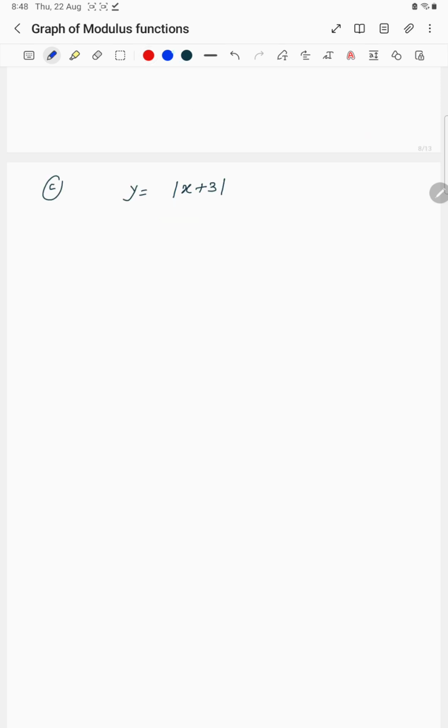Now take this question. You have to sketch the graph of this modulus function, mod of x plus 3. So the same, we draw the coordinate axis here and here. So first get y-intercept. Y-intercept where the line cuts the y-axis, x is 0 there.